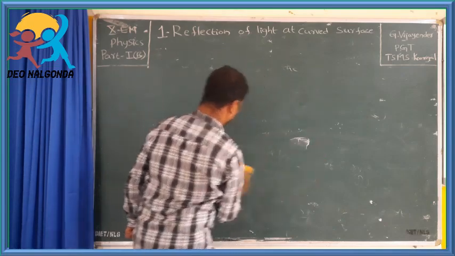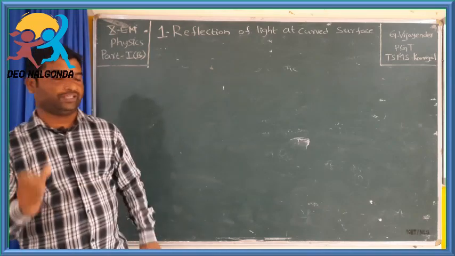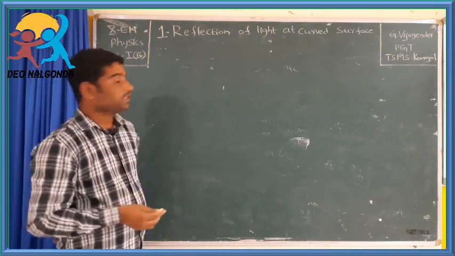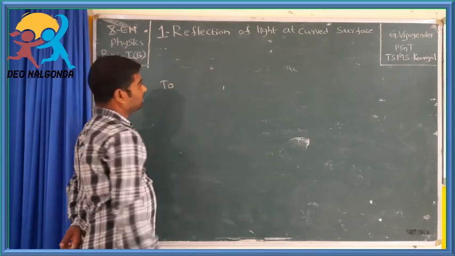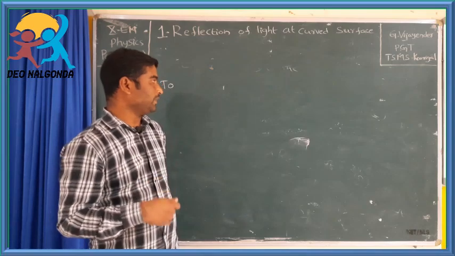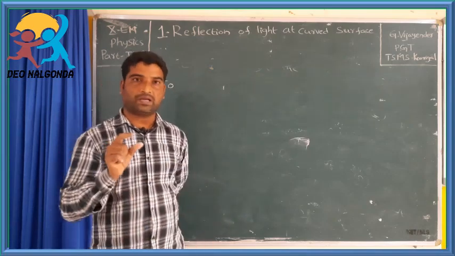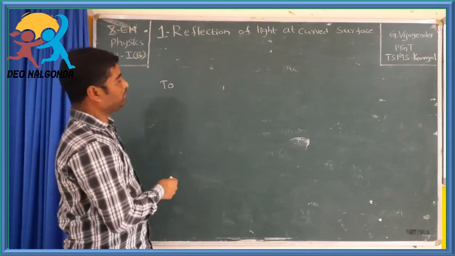Before that, to get the parallel beam of rays, the source must be at a sufficient distance, and the intensity of the light must be sufficient. Then we can get the parallel beam of light rays.